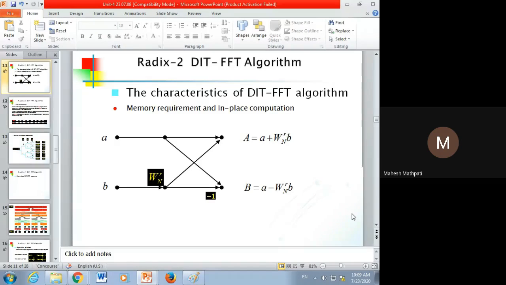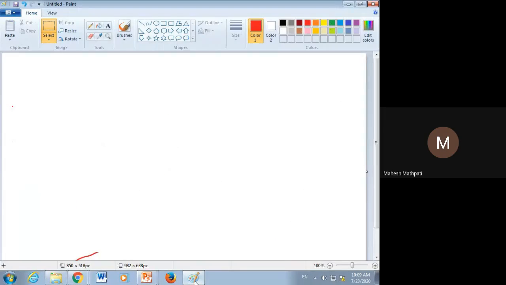2N plus N by 2. Please make it underlined again. Including twiddle factor will be, simply we are writing it as 2N plus N by 2.